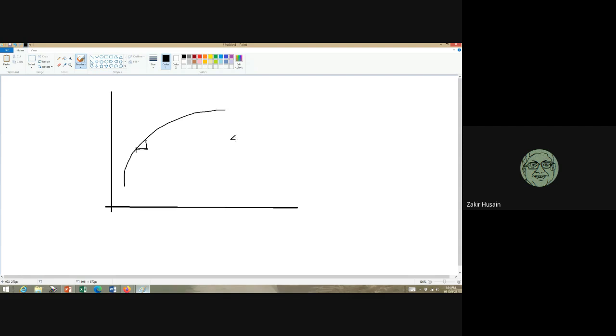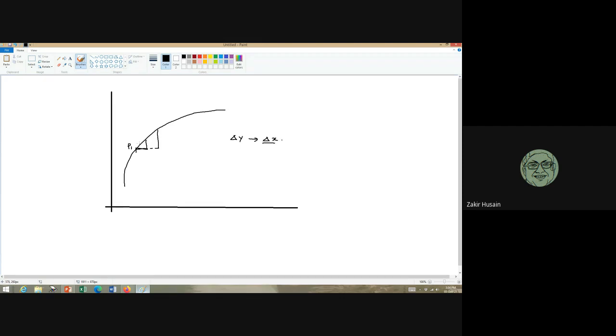What is del y dependent upon? If we start from P1, how much of x we have changed? If instead of this, I change this amount of x, del y will change, right? So del y depends upon del x.